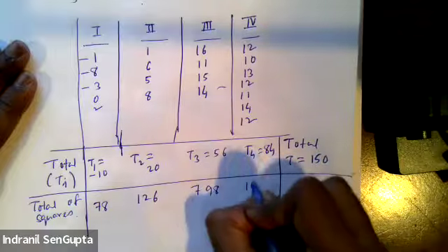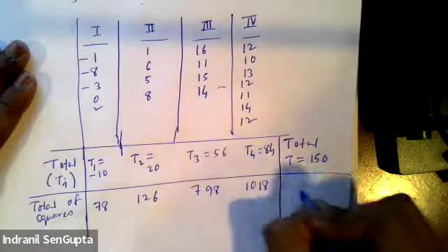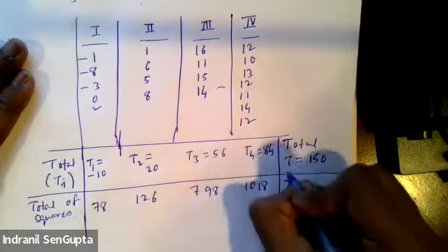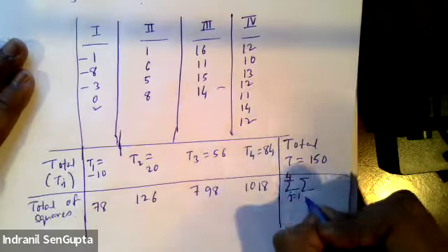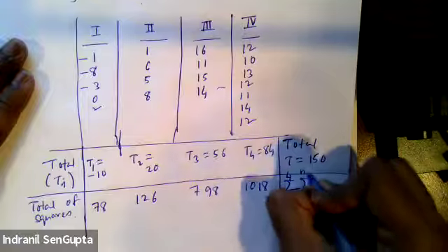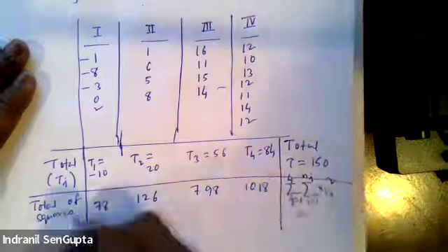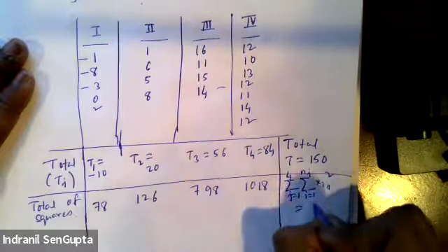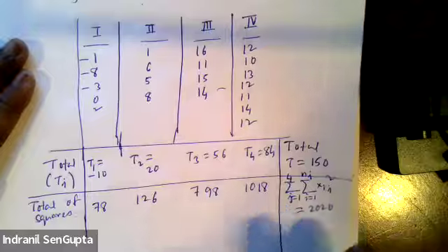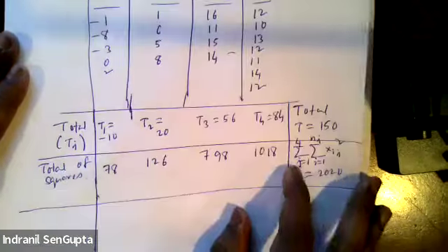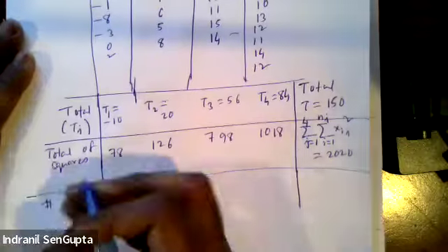Here it's 1018. Hence the sum over j from 1 to 4, since we have 4 groups, and in each group we have different numbers of candidates, of the sum of xij squared. If I add all these 4 numbers, it's 2020. Okay. Now the number of observations.